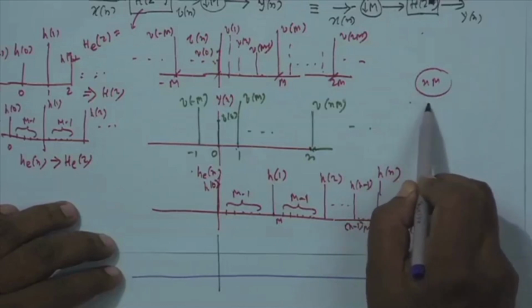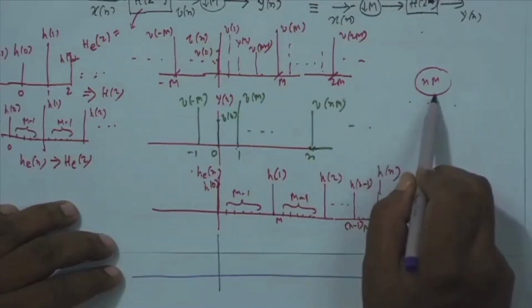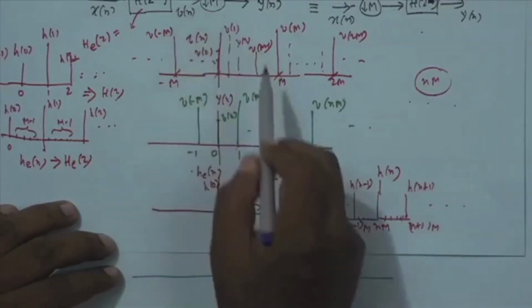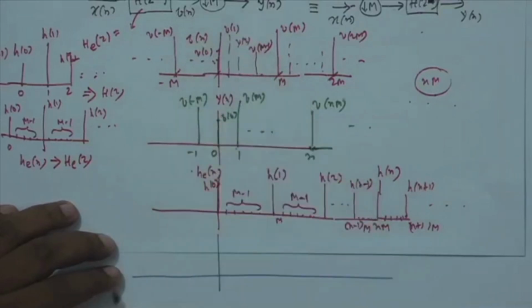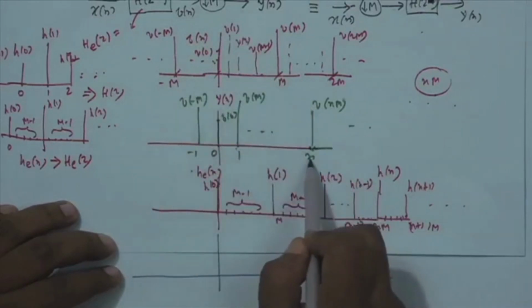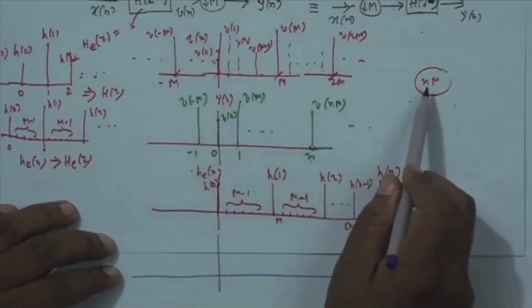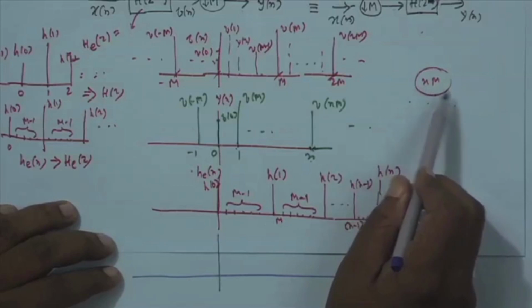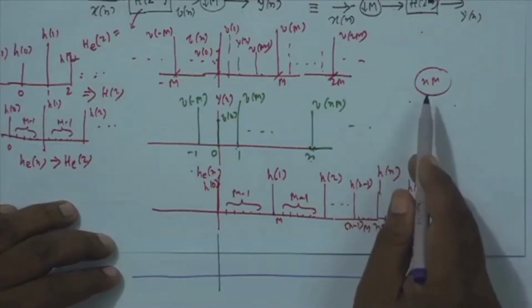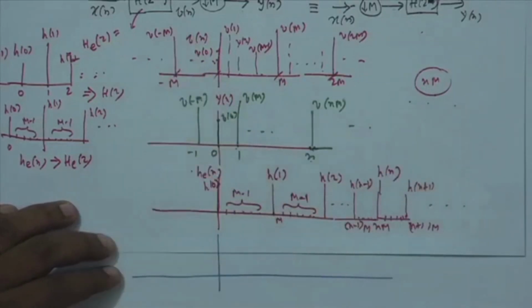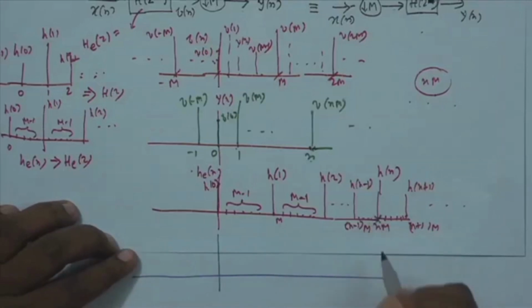So, either capital M or 2 m or 3 m, like that, because the n mth point here will be the nth point here. This is y n. So, y n at the nth point is v at the n mth point. So, n mth points are of interest, that is mth, 2 mth, 3 mth, like that. I want to find out the output at n m, that is here.